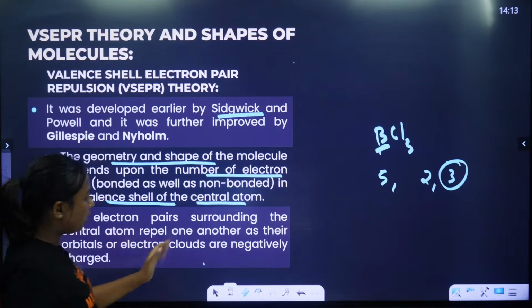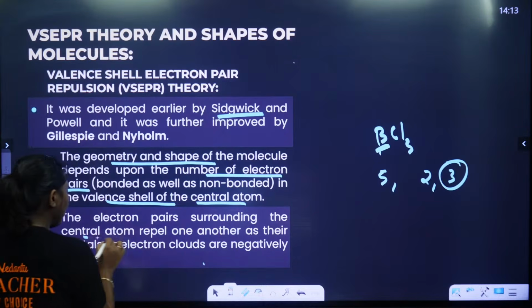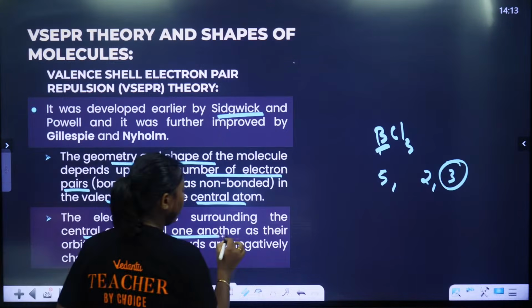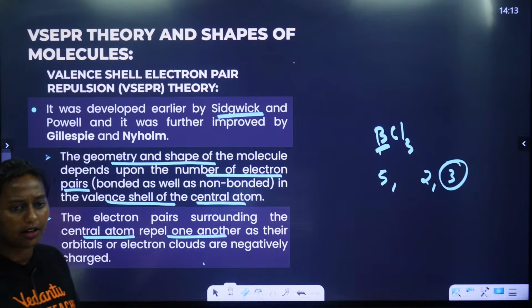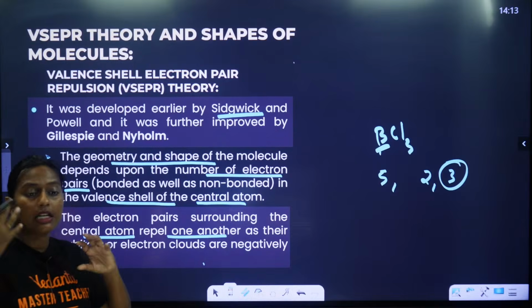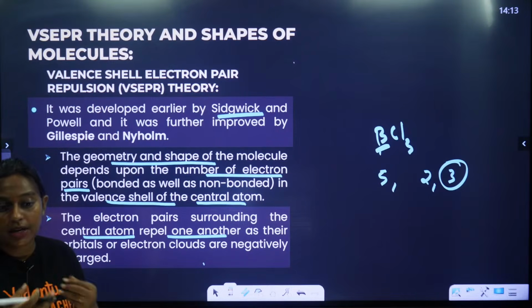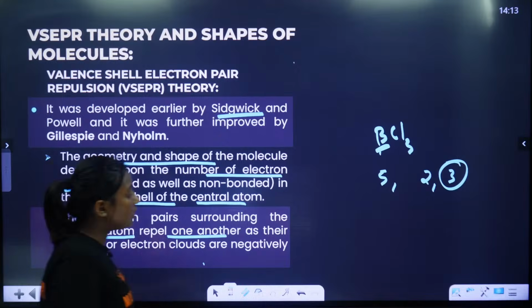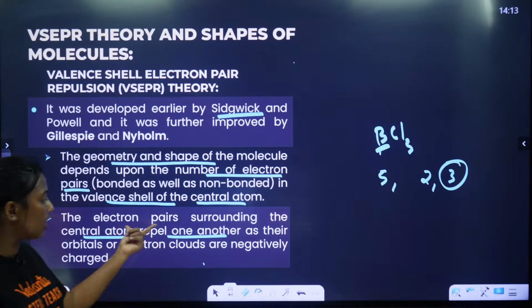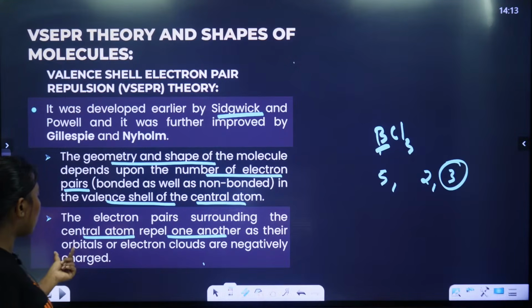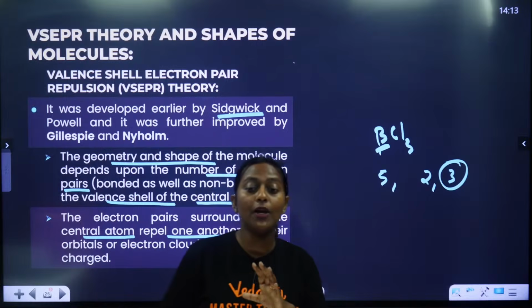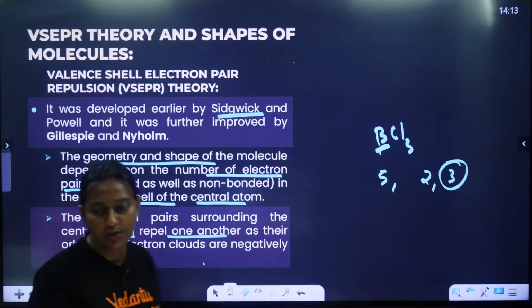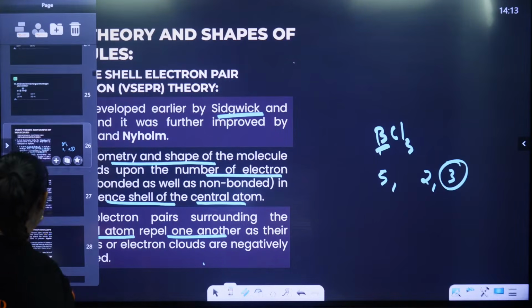The electron pairs surrounding the central atom repel one another as their orbitals or electron clouds are negatively charged.